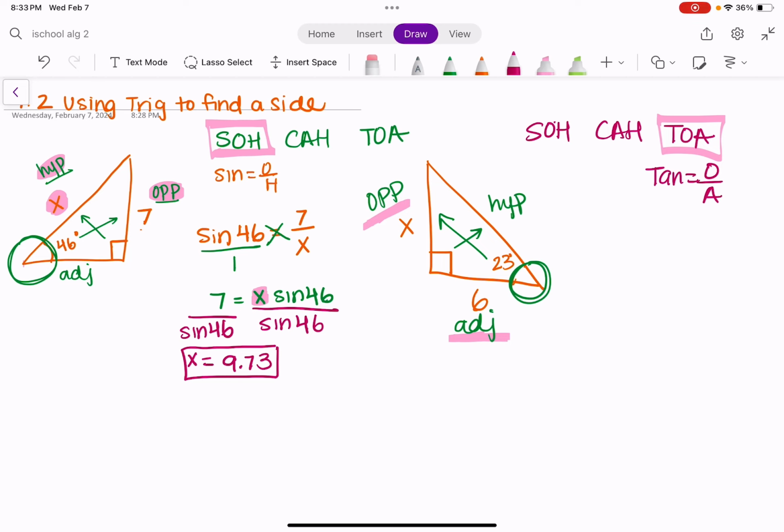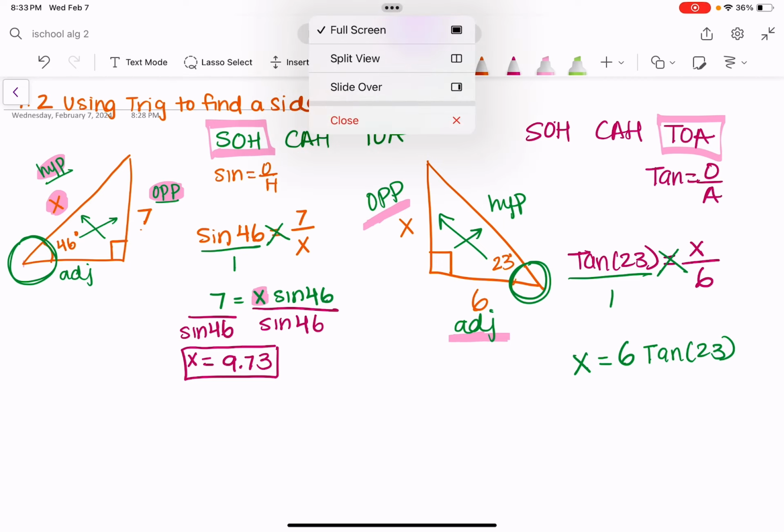So again, I'm going to make my equation. Tan of 23 equals, well, opposite is x and the adjacent is 6. Again, I personally like to put this over 1 and cross multiply. So x times 1 is just x, and then 6 times tan of 23. I can just put this straight in my calculator.